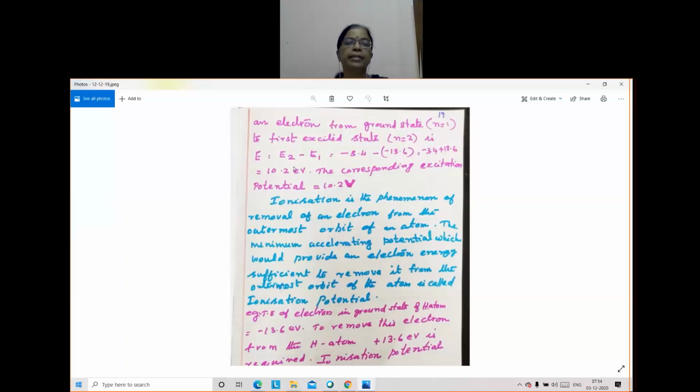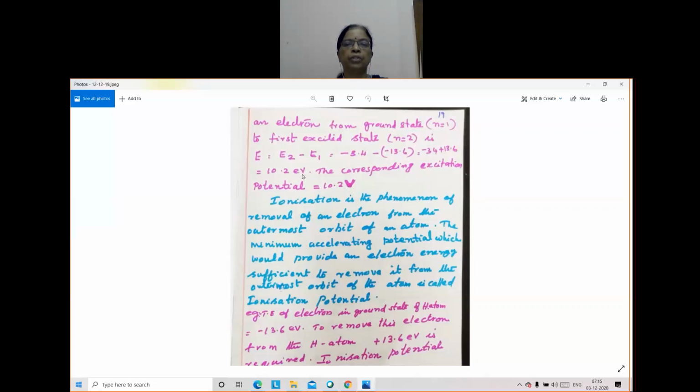Energy is charge into voltage. So 10.2 eV. In order to find the potential, what you have to do? Divide by the charge of the electron, e. 10.2 eV divided by e, so e and e get cancelled, we get volt. 10.2 volt.